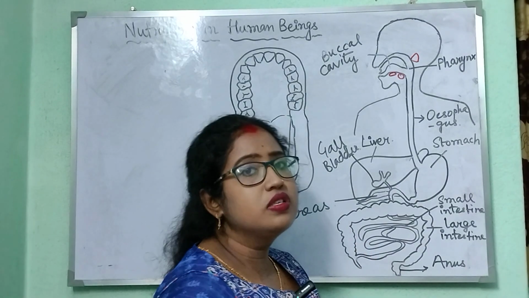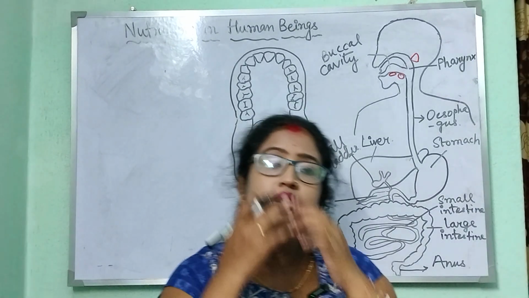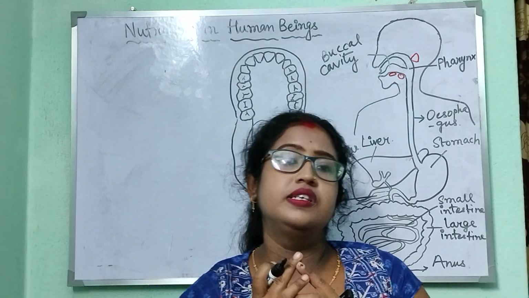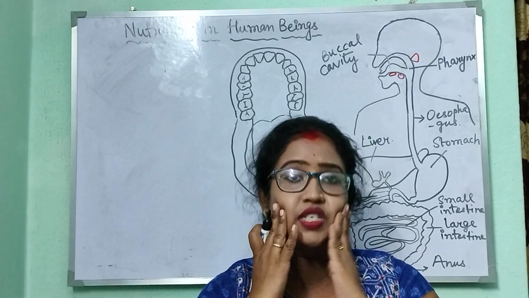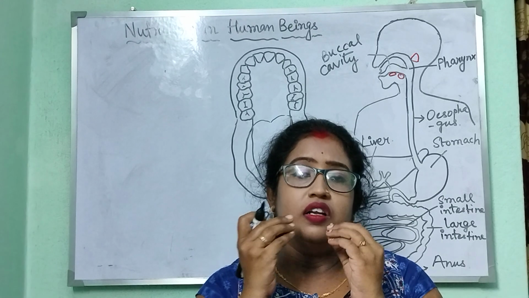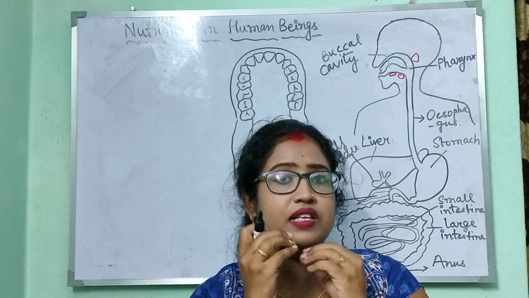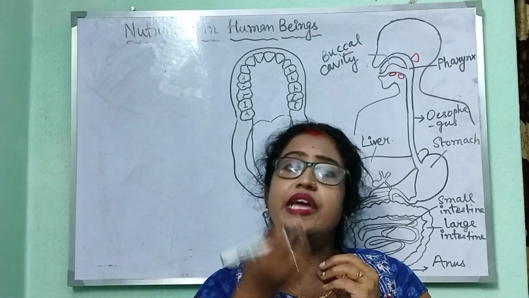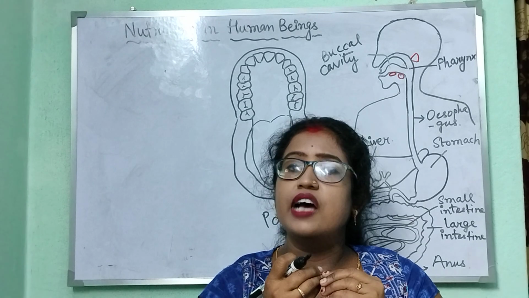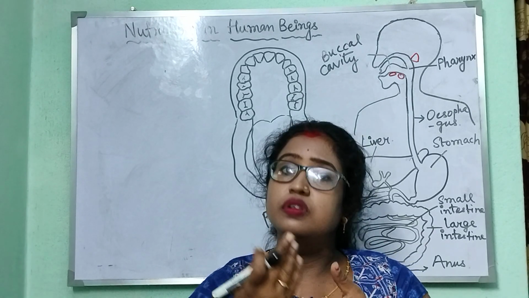So firstly, let's start from the mouth. Our mouth portion is basically surrounded by our lips and our cheeks. Lips are muscular, mobile structures that help to engulf the food, and they also help in sound production.